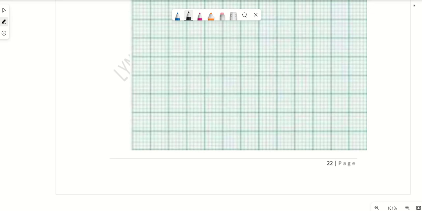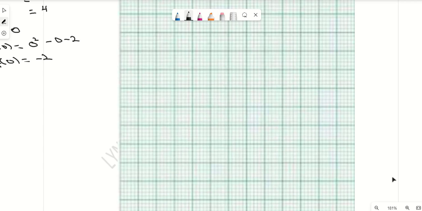So you're going to put -2, and instead of 1 space, you're going to do 2 spaces, because remember they said 2 centimeters is 1 unit. So it'll be -2, -1, 0, 1, 2, 3, 4. You just need to make sure that you have the lowest value and the highest value in the table above, right? Which we do.